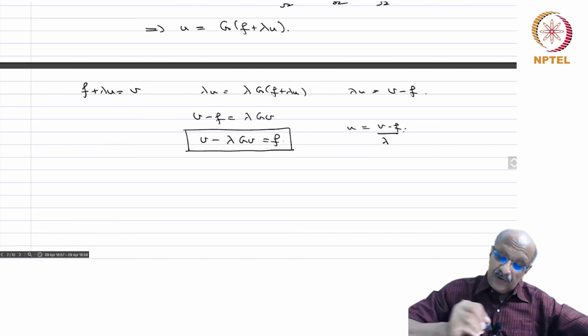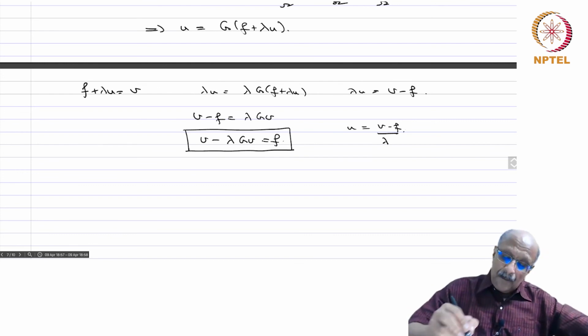So solving for U is the same as solving for V. But G is a compact self-adjoint operator, and therefore its non-zero spectrum consists only of eigenvalues.